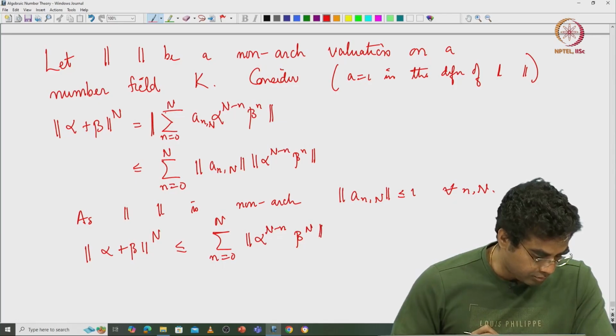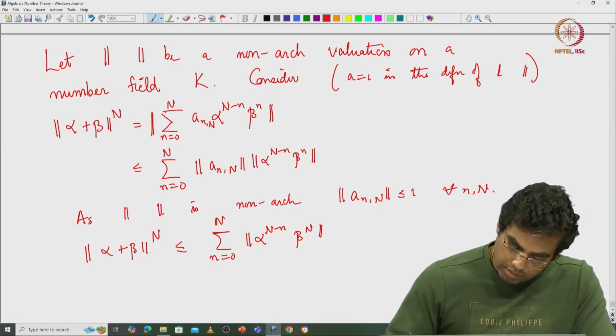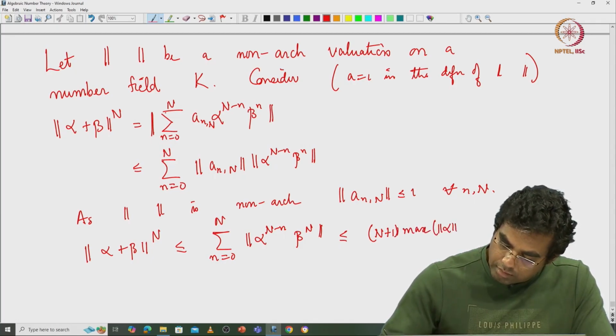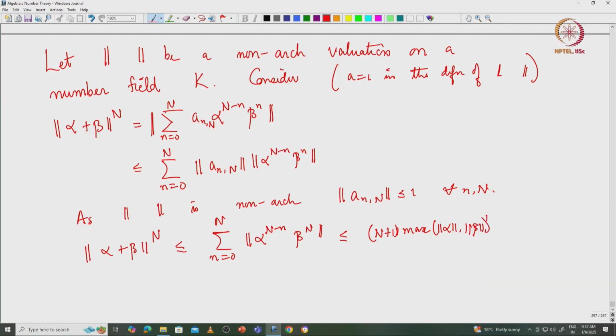So this is less than or equal to, there are capital N plus 1 terms, and I can write max of alpha beta to the power N. It is clear that each of these quantities, alpha to the N minus n, beta to the small n, is less than or equal to max of alpha beta to the power N.